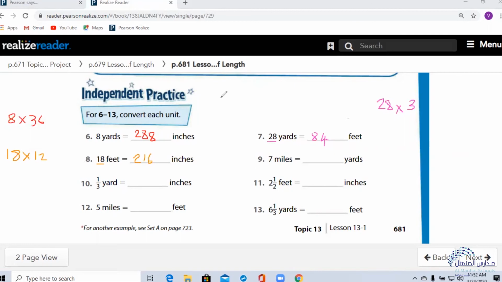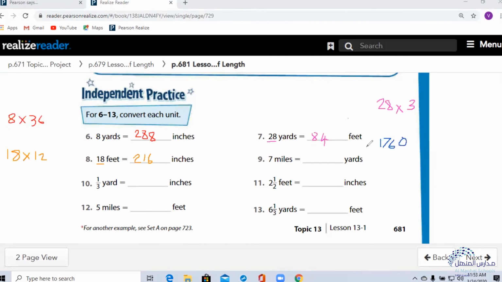Now let's take another color. They want to know how many yards are in 7 miles. So I know that there are 1,760 yards in 1 mile.